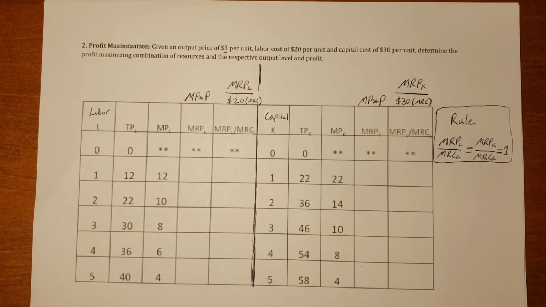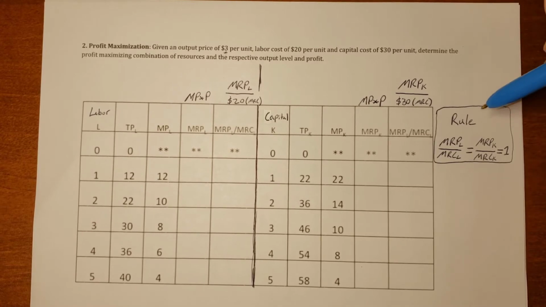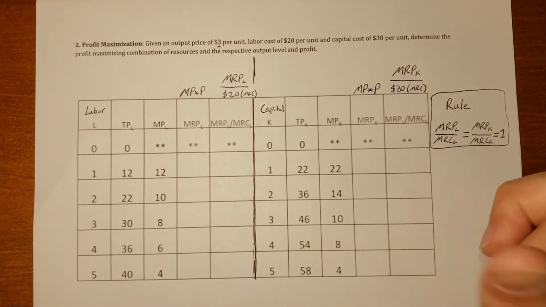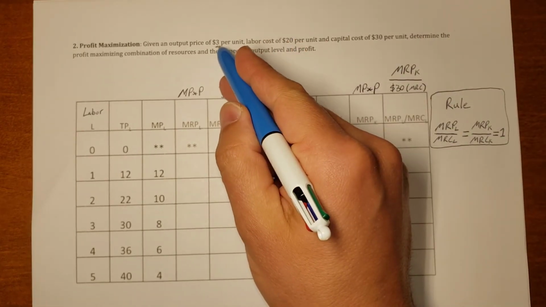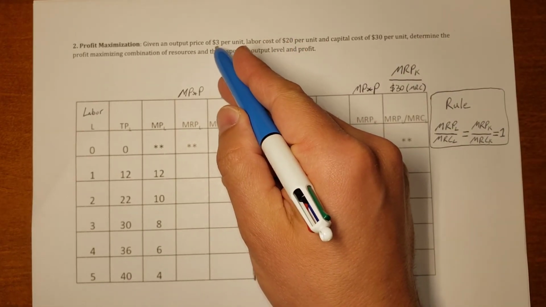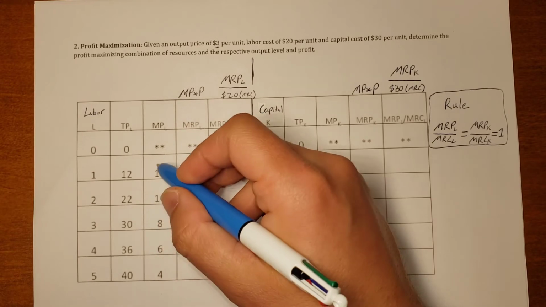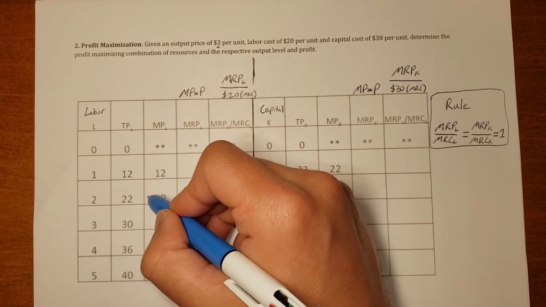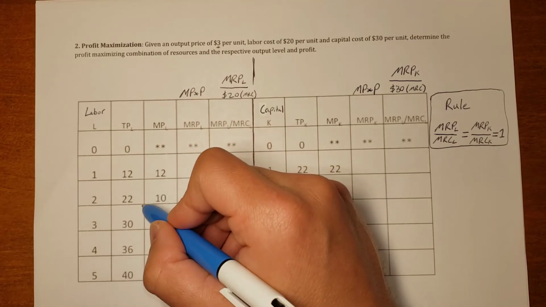All right, so having said all that, let's get started. And normally, just by jumping in, it's a lot easier to understand this. So given that our price is $3, and we know the marginal product of each unit of labor is given to us. Marginal product is the change in the total product from employing an additional unit of labor.